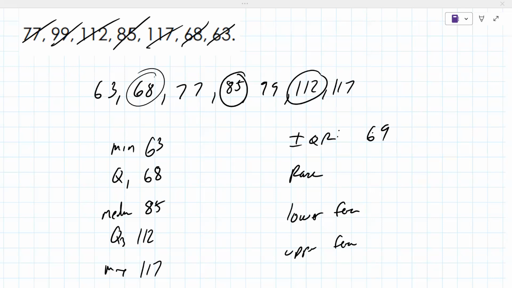I did the minimum. Okay, so it's 74. IQR is Q3 minus Q1. 50, 54?